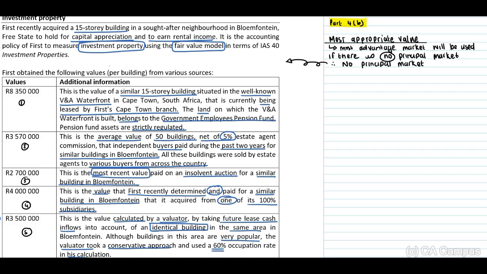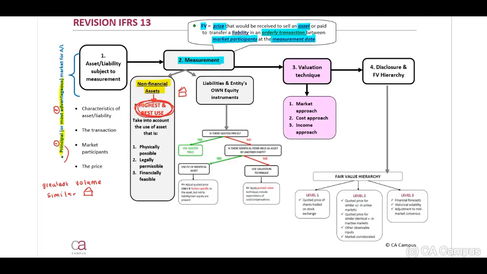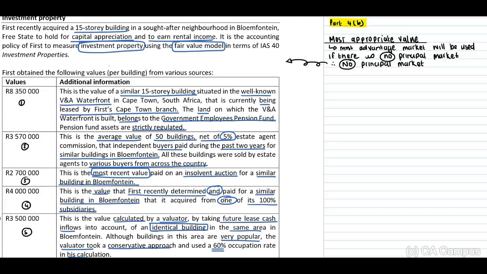And guys, we are able to identify from this given scenario that there is no principal market. Okay? How do we know this? If we refer to principal market, this is where there is the greatest volume of similar, look at the similar buildings.